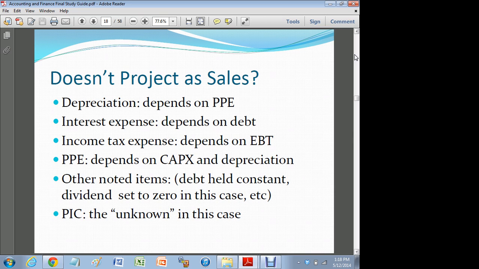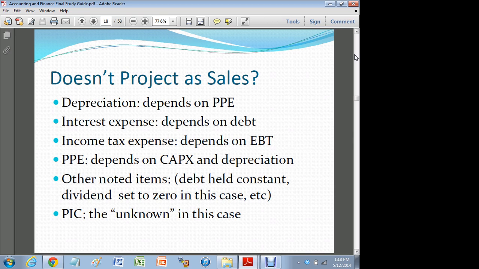Tax expense depends on how much you made before tax. So EBT, earnings before tax, is going to determine the tax expense. And then the PPE itself: PPE is something that you decide to purchase, and then depreciation wears some of that off, so that has its own rule.